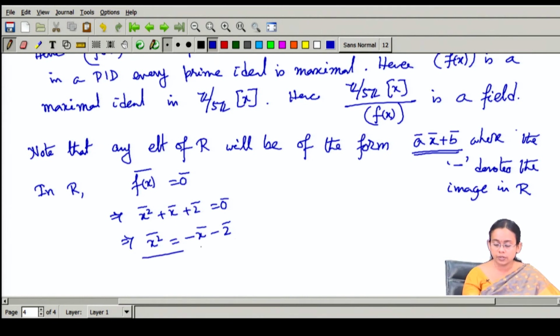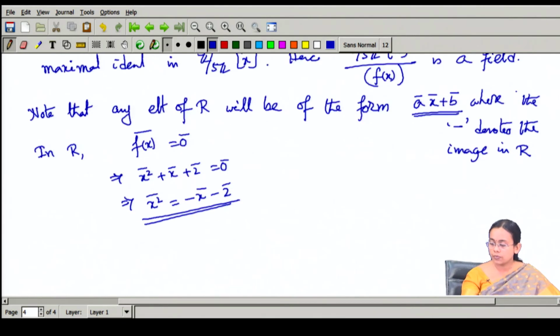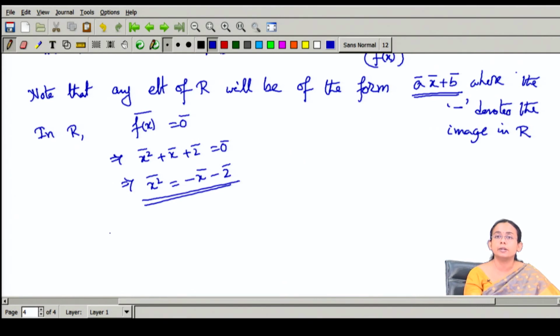Now, if I use this relation, in order to try to find the multiplicative inverse, what we will have is the following. So, a bar x bar plus b bar into the multiplicative inverse of 2 bar x bar plus 3 bar, this should be equal to 1 bar. This condition should be satisfied.